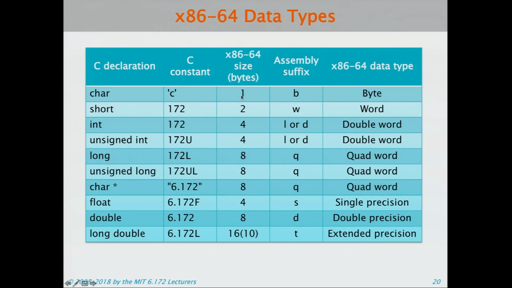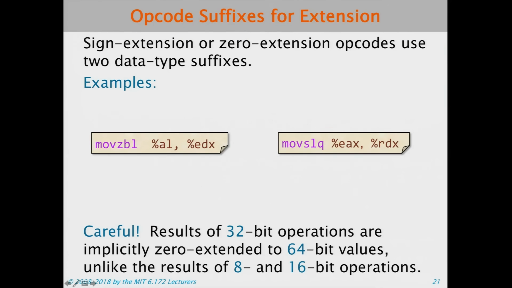And here's the size in bytes that you get when you declare that, okay? And then the assembly suffix is one of these things. So in the assembly, it says B or W for a word, an L or D for a double word, a Q for a quad word, i.e. 8 bytes, single precision, double precision, extended precision, okay?